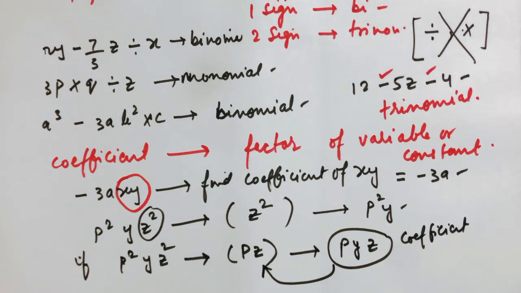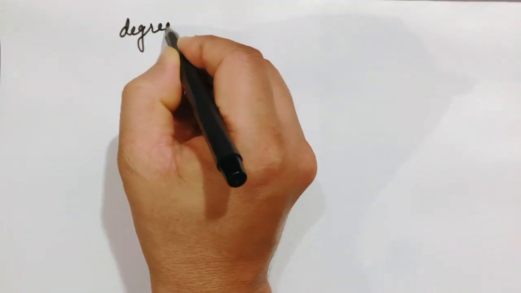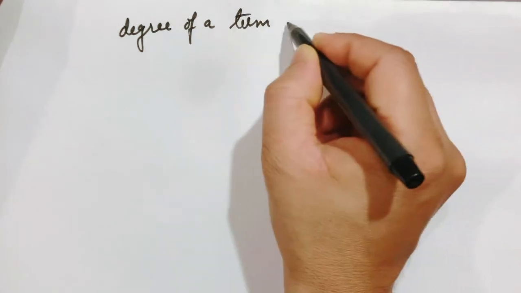Moving on to the next one, that is, for each of the following monomials, find its degree. Degree is very, very important. Degree of a term. What is the degree of a term?